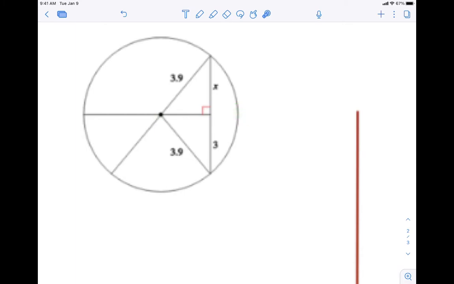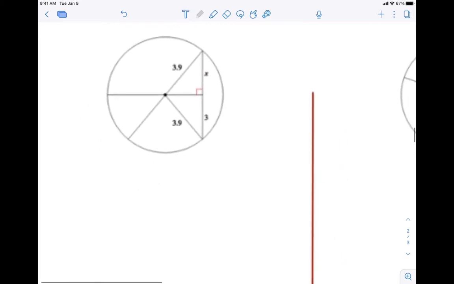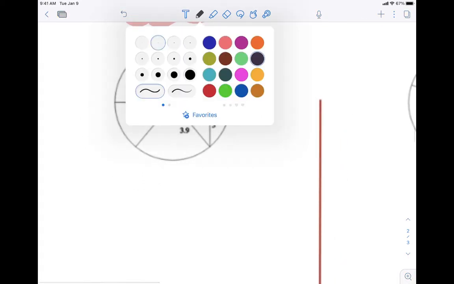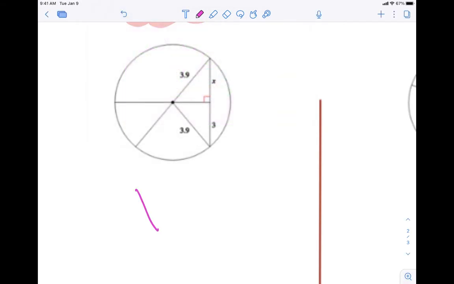Now, how do we get this x here? If you notice, this 3.9 is equal to this 3.9. That means that this 3 is equal to that x. So this one, kiddos, is simply x is equal to 3.